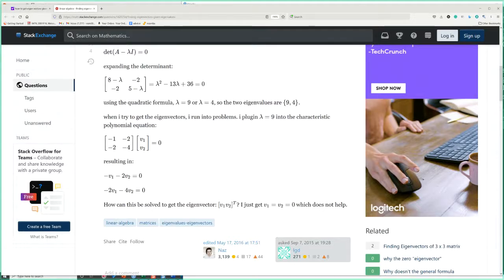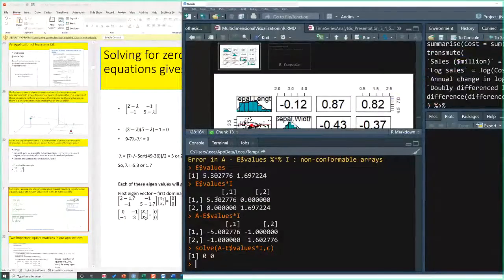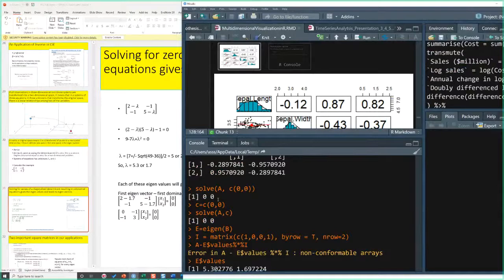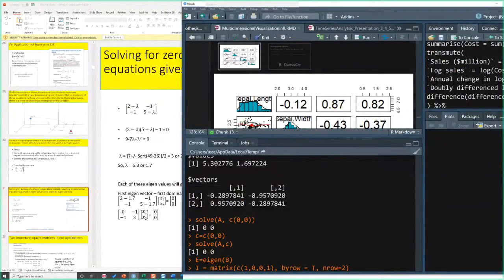So then you might question, what is this one? Again, I don't know. You can fix any number. Once you fix a number, the other number is fixed. That's all my point is. You might question whether there is some relationship. Sometimes they want the length of the eigenvector to be unit value.